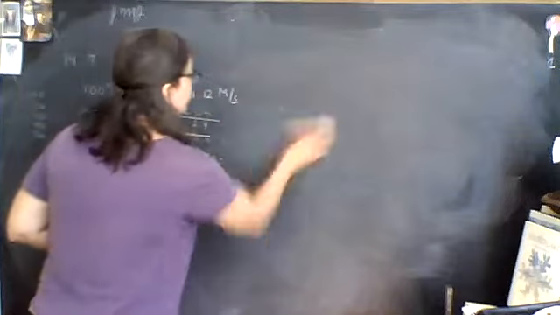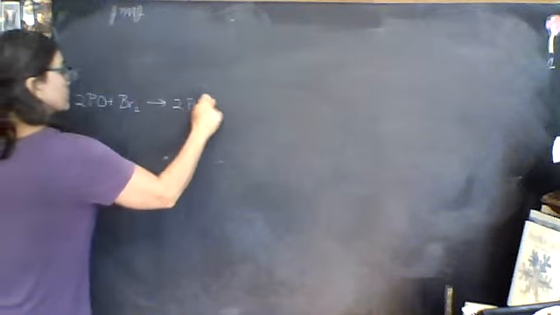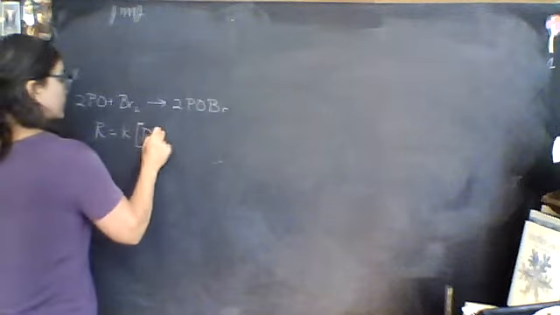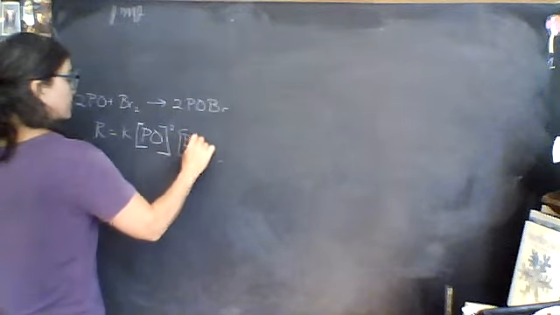In on your own problem 14.5, you determined that the rate equation for the following reaction, 2PO plus Br2 yields 2POBr, is R equals k times the concentration of PO squared times the concentration of Br2.